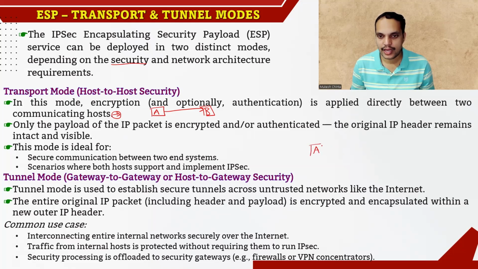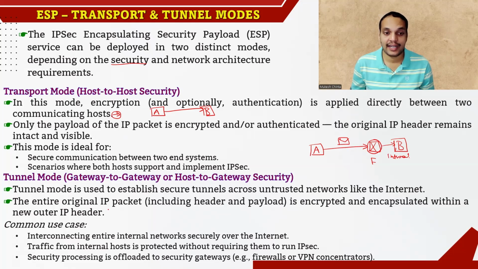If A is sending a packet to B, I can go for transport mode. But rather than that, if I have a firewall or a router sitting here controlling B's network, then tunnel mode is used for sending the packets between A and this device, which is the firewall or router, and it takes care of the internal delivery. This is your internal delivery, and this is your external part.